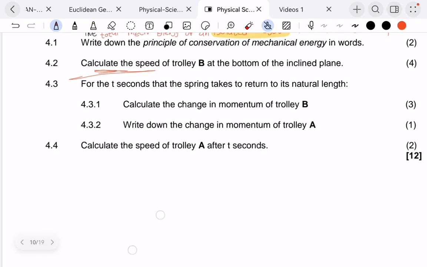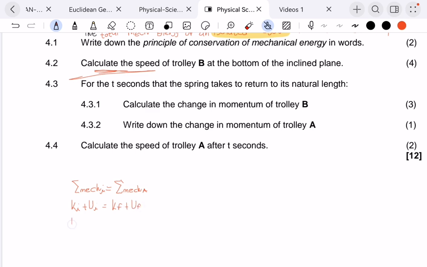We said that the sum of the mechanical energy initial is equal to the sum of the mechanical energy after, right? So this is Ki plus Ui is equal to K final plus U final.